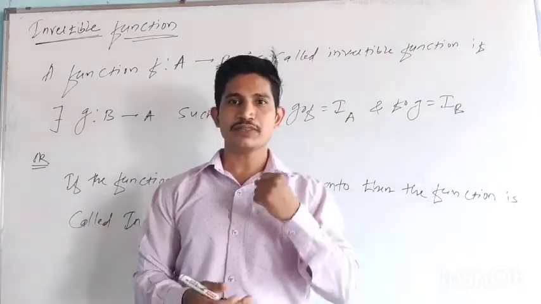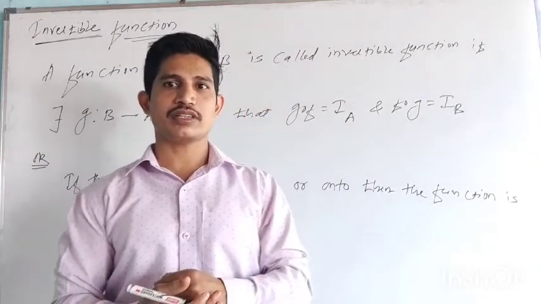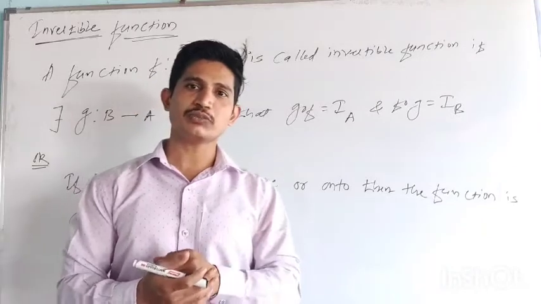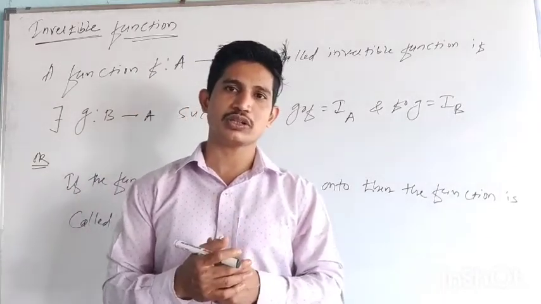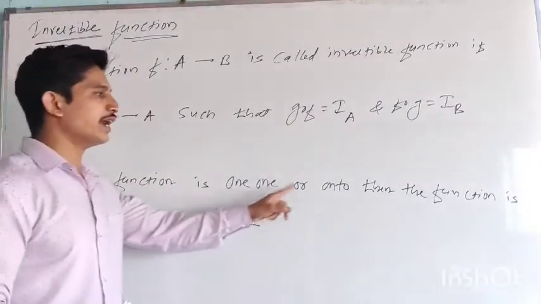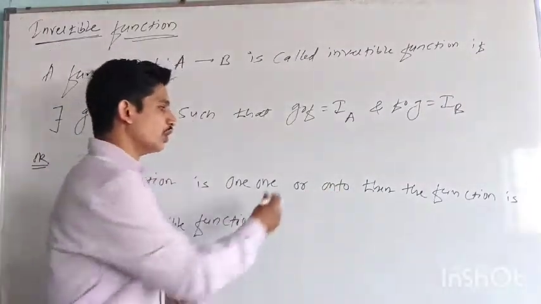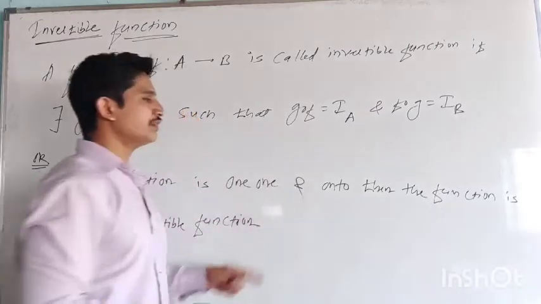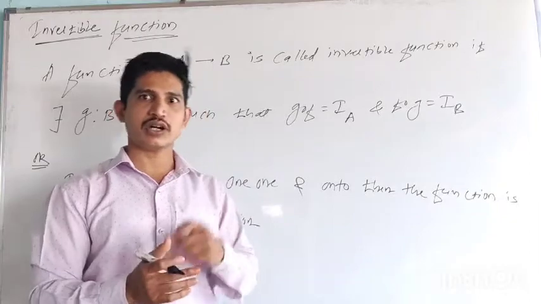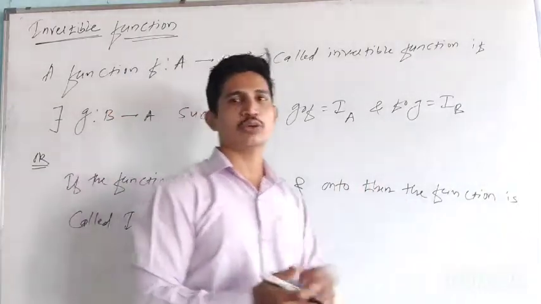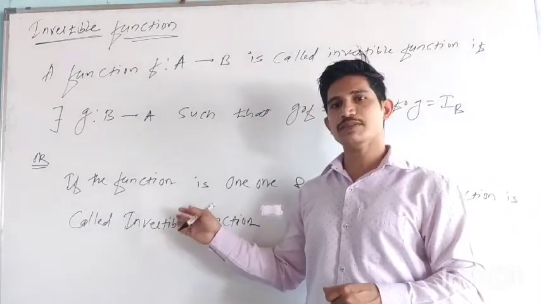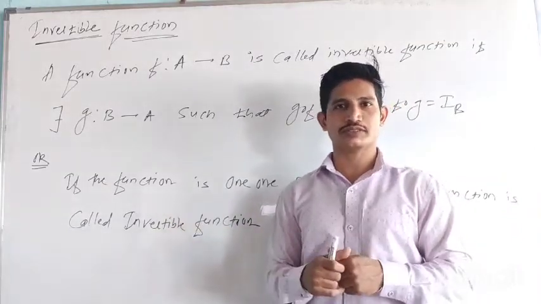If the function is one-one and onto, which you learned in the previous class, then the function is called an invertible function. One-one also and onto also, both. But we are not using this to solve 5 mark questions.